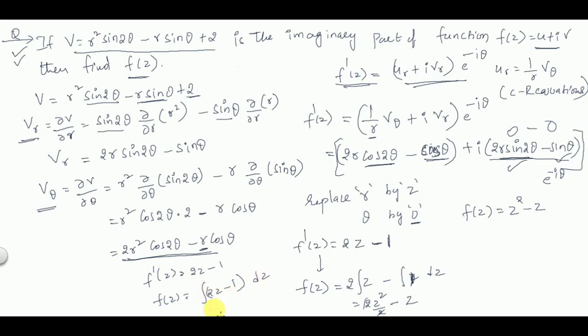That is 2 into z square by 2 minus z. So the 2 gets cancelled, and you get z square minus z. That is what I have written here: z square minus z plus c. As I have told you, c is a complex constant.